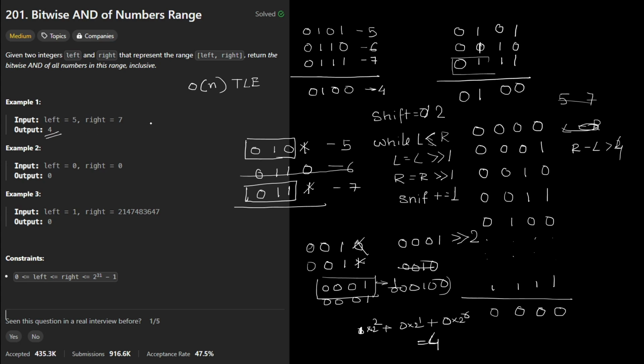So the basic idea out here is that first we're going to do a right shift till L and R become the same. And once that is done, whatever value is left of L, we are going to do a left shift so that our value is going to remain the same.